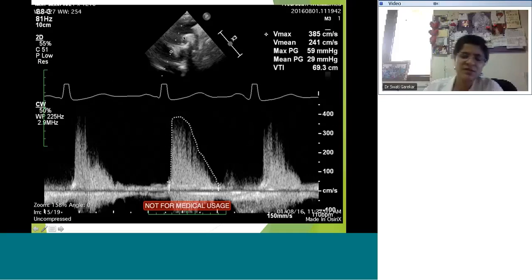Now this particular view will generally give you the best estimate of aortic stenosis. Whatever you get in apical 4, most of the time you'll get a higher number here, because your Doppler will be better aligned in the suprasternal long axis. So you can go ahead and trace it and report a mean and a maximum value.